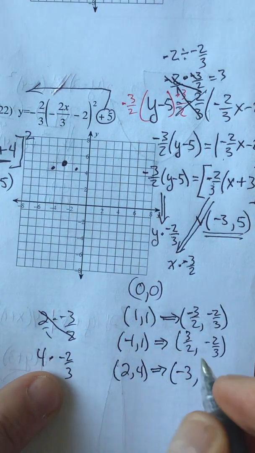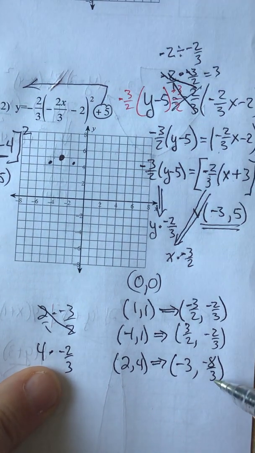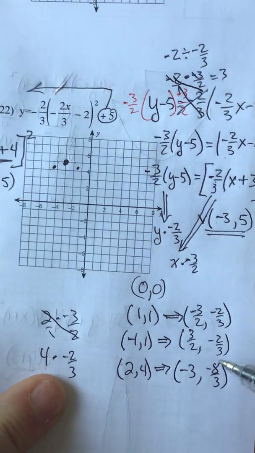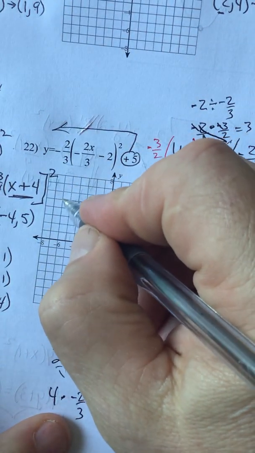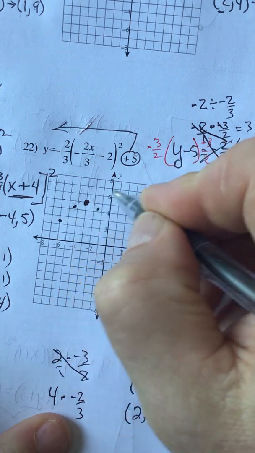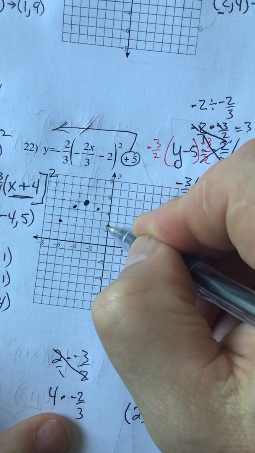Okay, that's negative 8/3. Negative 2 and 2/3. So negative 3 sideways, 2 and 2/3 down. So 1, 2, 3 sideways, 1, 2 and 2/3 down. That would mean 1, 2, 3 sideways this way, 2 and 2/3 down.